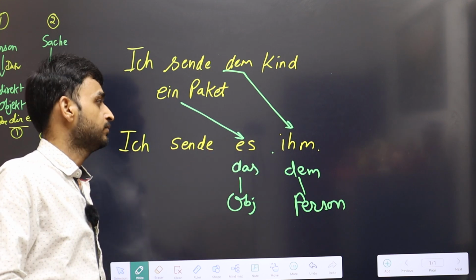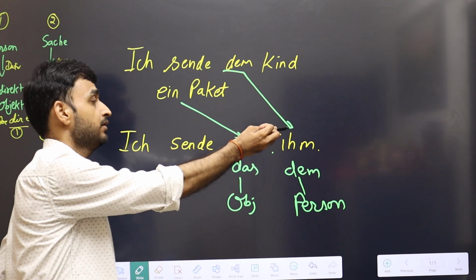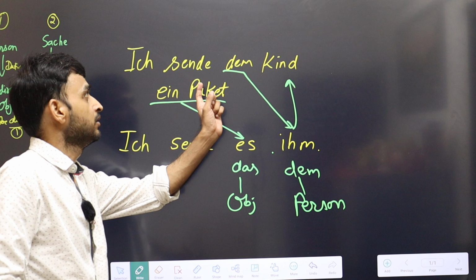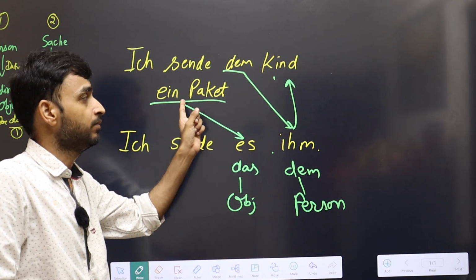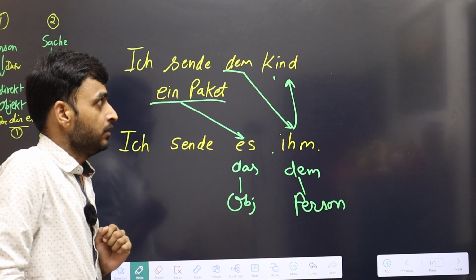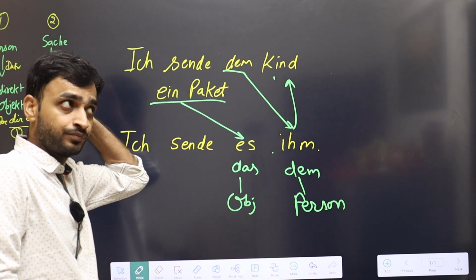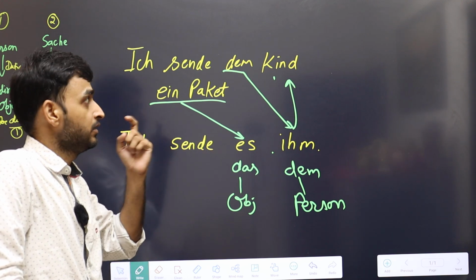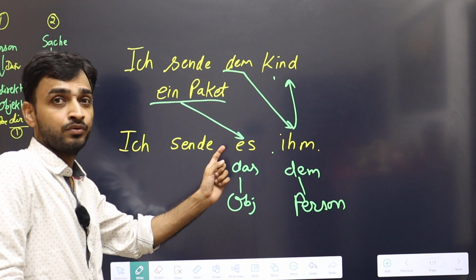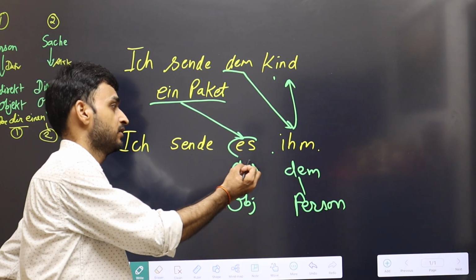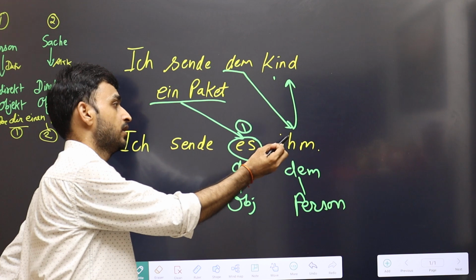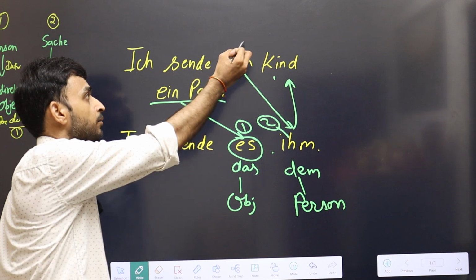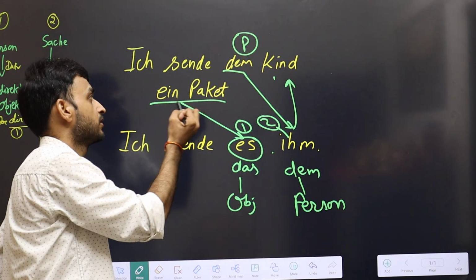And here, one thing you can take from here. This is okay, and this remains the same. So ich sende dem Kind ein Paket. Clear. But if instead of Paket you want to write es, ich schicke ihm es. No, you have to write ich schicke es ihm. First es, this is first and this is second. With the article, first person, then object.